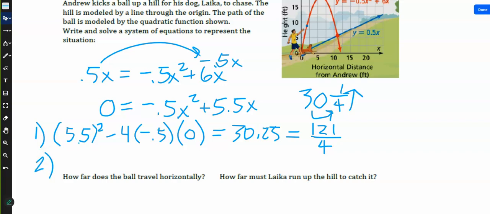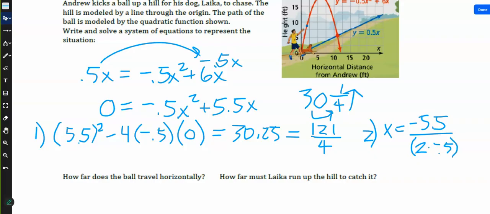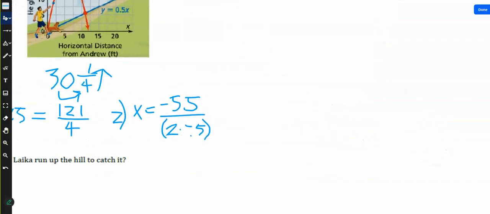I should probably do step 2 over on the side. Step 2, because x equals the opposite of b all over 2 times negative 0.5 plus or minus the square root of.